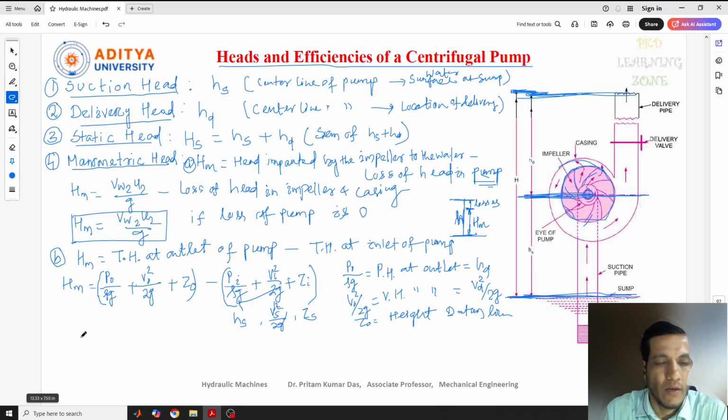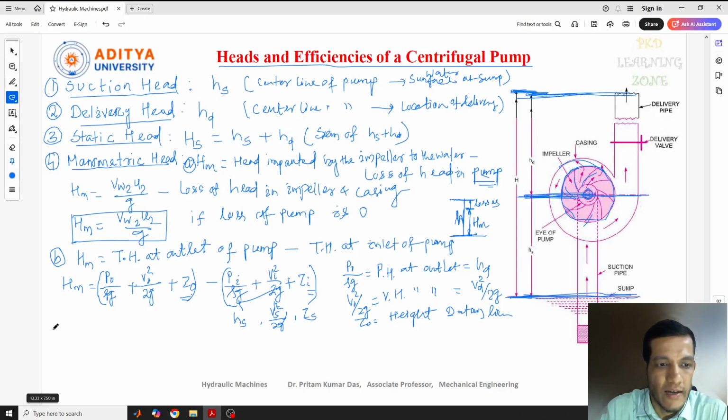Now one condition I will tell you: suppose the diameter of the suction pipe and delivery pipe are both the same. Then the velocity heads Vo square by 2g and Vi square by 2g will be the same, and the datum heights Zo and Zi will be the same.